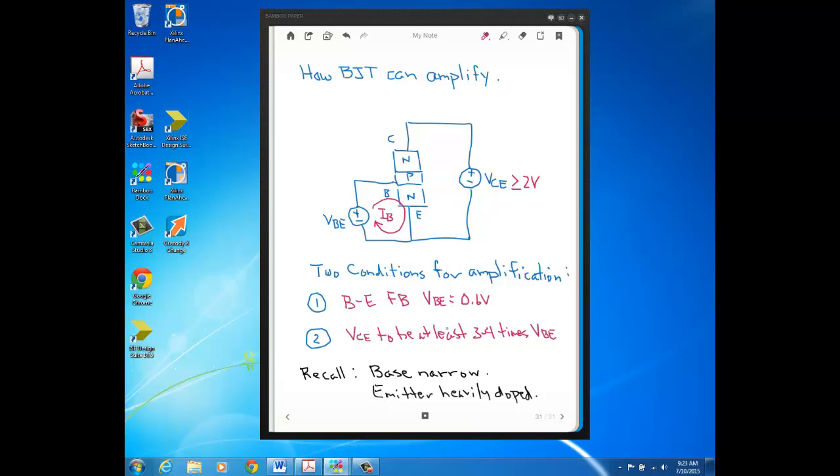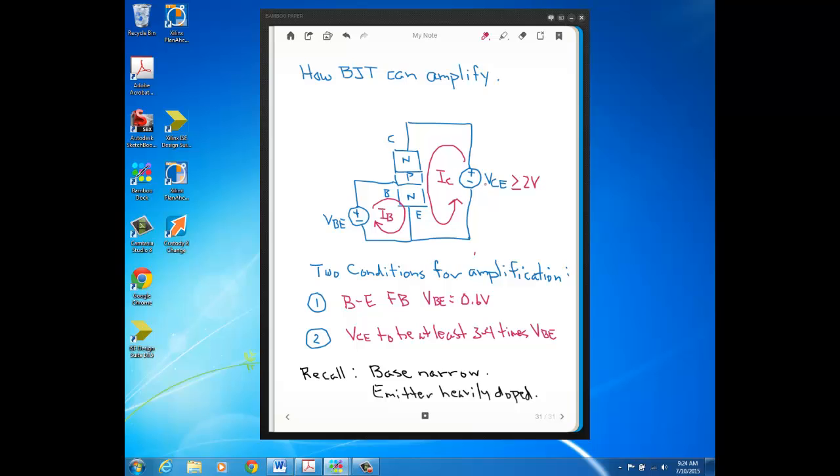And the reason you need VCE to be this value here is because now when the free charge gets up into the base region, it's going to feel a greater attractive force to the collector. So what results is that you have a current flowing in this path, that we call the collector current.